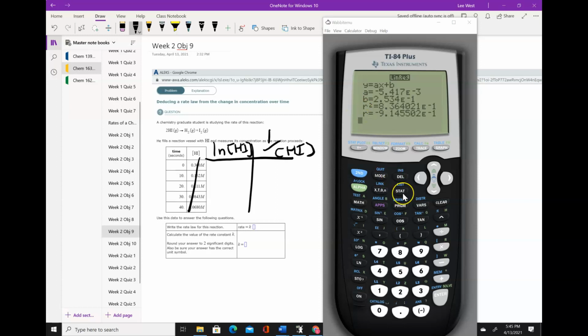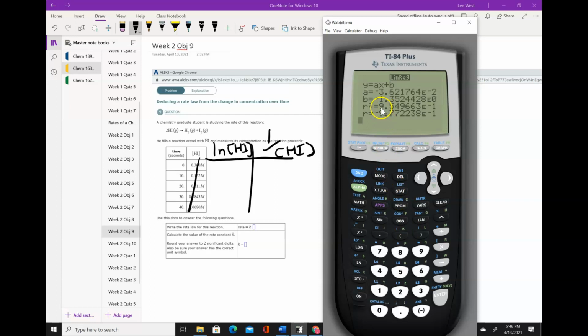So now I do the same thing and I check whether a plot of log of the concentration against time is linear. So I go stat, calc, number 4. My x's are still time, but now I want my y's to be list 3. And then I go to calculate and I hit enter.